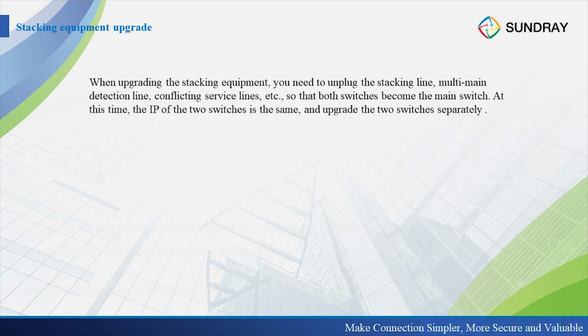At that time, both switches become the main switch, because all the connected cables are unplugged. At this time, the IP address of the two switches is the same, and you can upgrade the two switches separately.